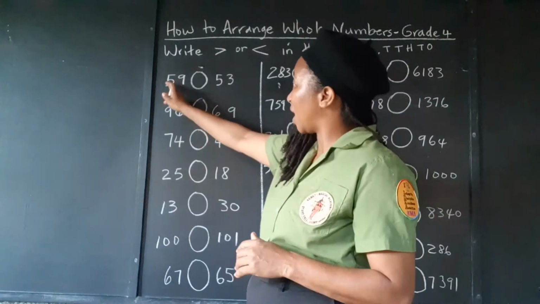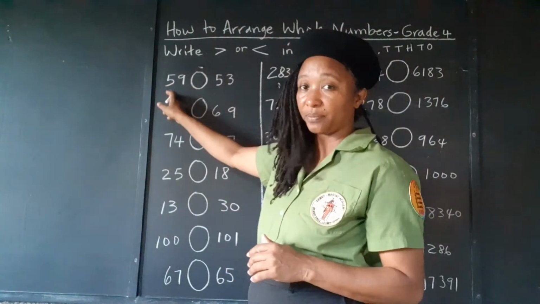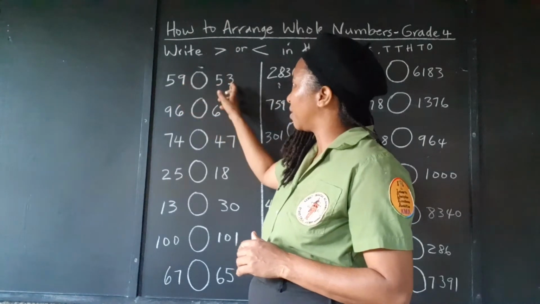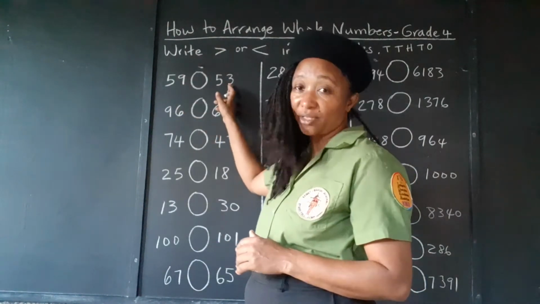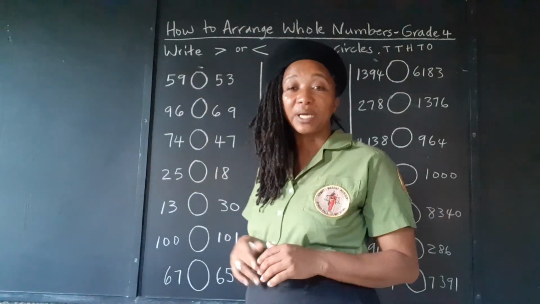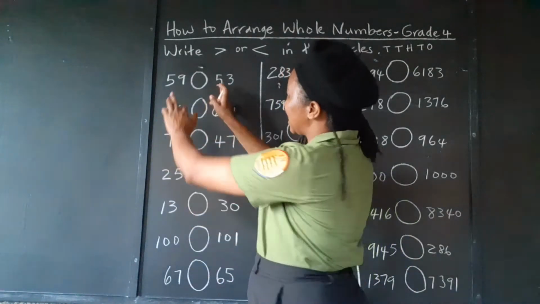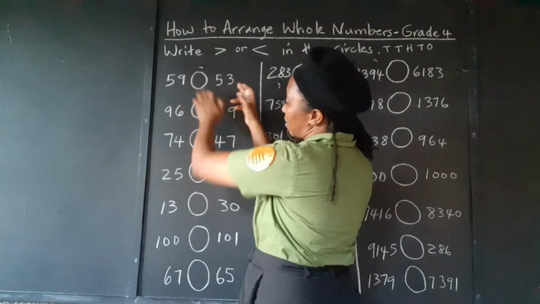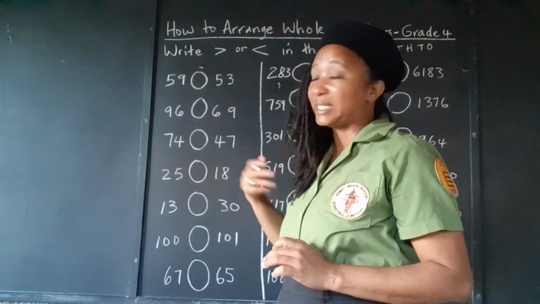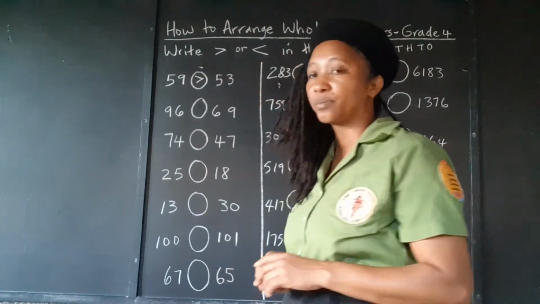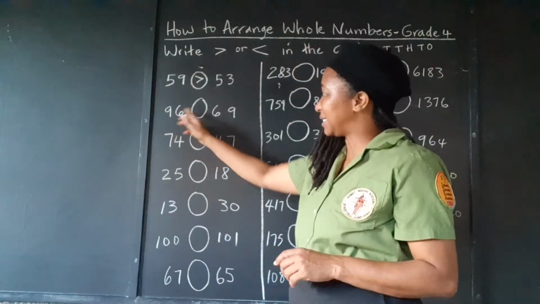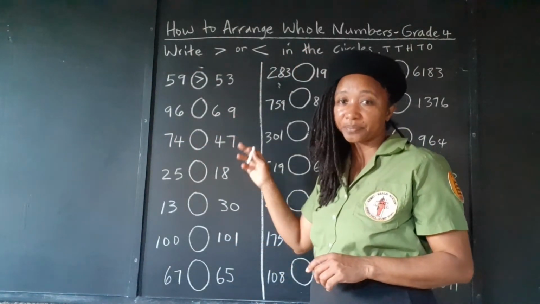So since they're both 50 something, we have to compare the digit in the ones place. This has a 9 and this has a 3. We know that 9 is a bigger digit than 3. So since these two are equal, we can compare the 9 and 3, and we see that 59 is greater than 53.